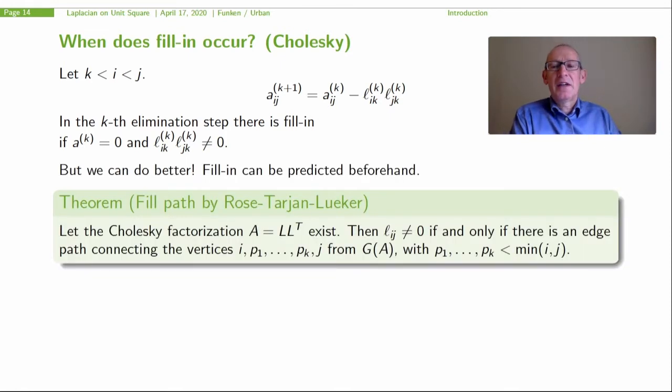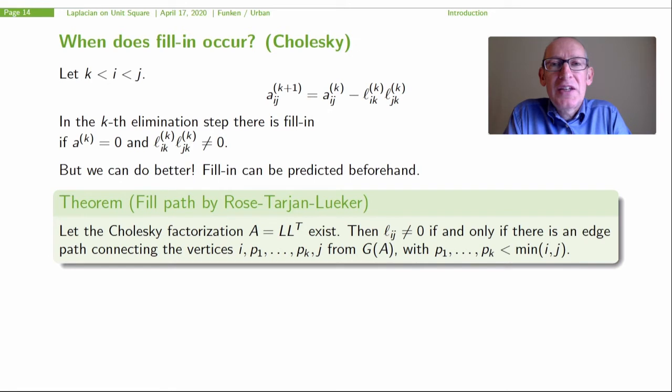We have the theorem by Rose, Tarjan and Lueker, which means: let's assume that some kind of Cholesky factorization exists for our matrix A, L times L transposed.